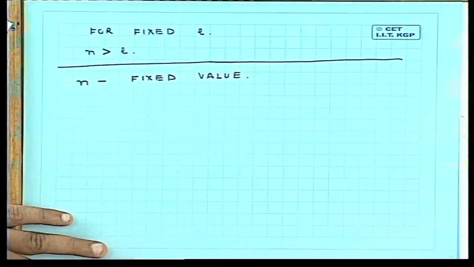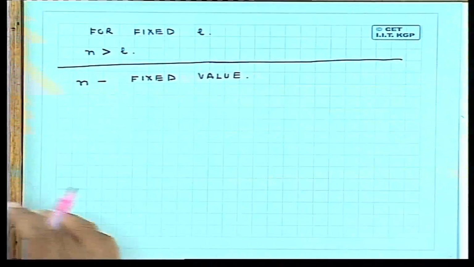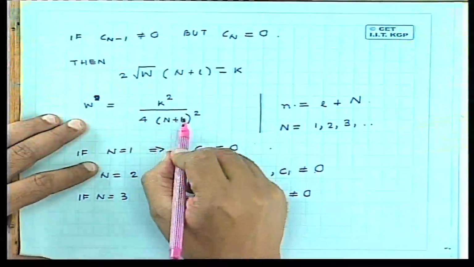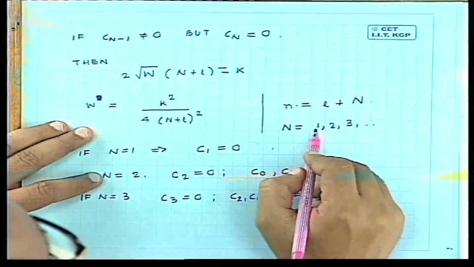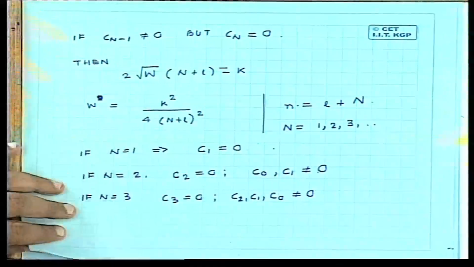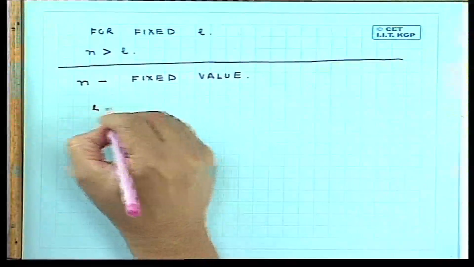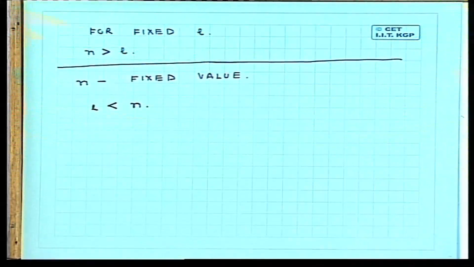For a fixed value of n, what are the values which L can take? If I fix the sum of capital N and L, and capital N has to be at least 1, then L is restricted to all values less than n. So L can be any value less than n.